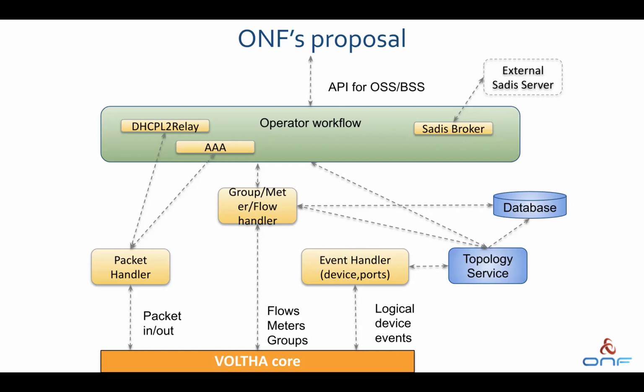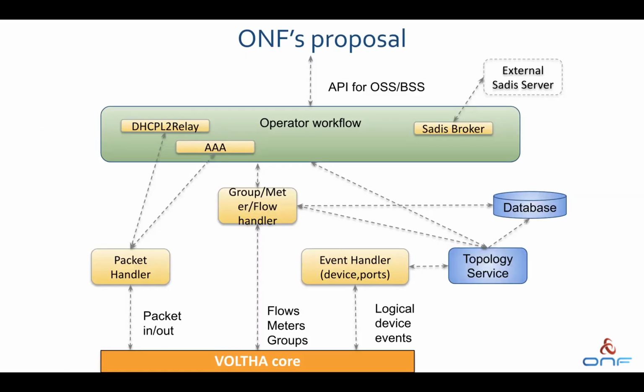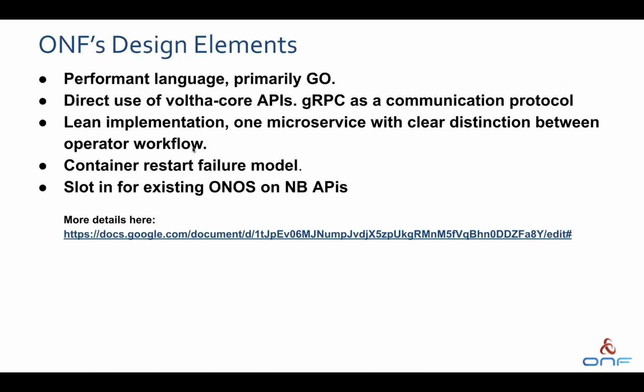The idea behind this proposal was a performant language, primarily Go. That is what the ONF team feels is the right language. The direct use of vOLTHA APIs and gRPC as a communication protocol between the elements. So even here, for example, the interface would be gRPC.